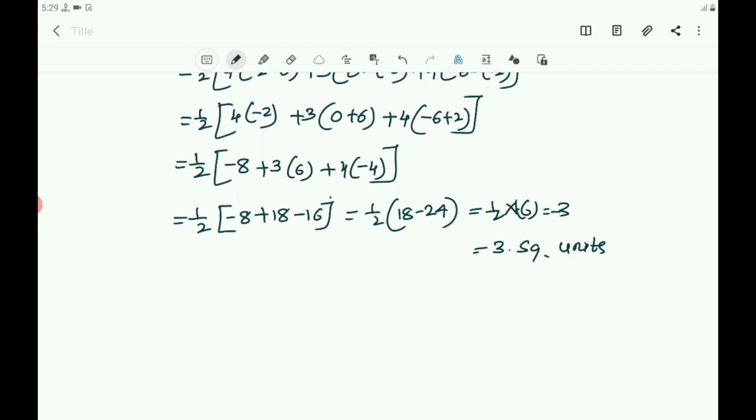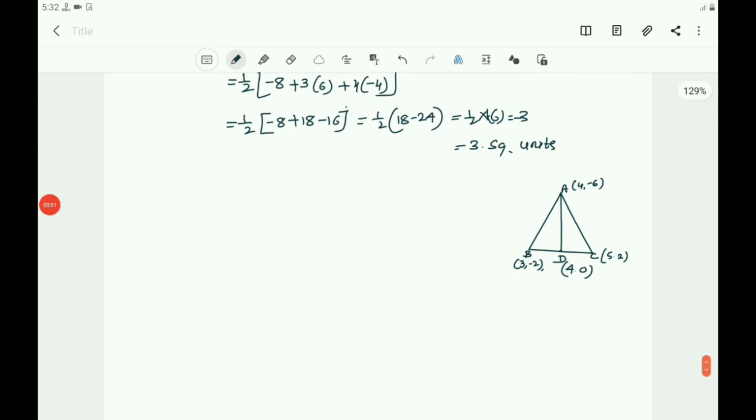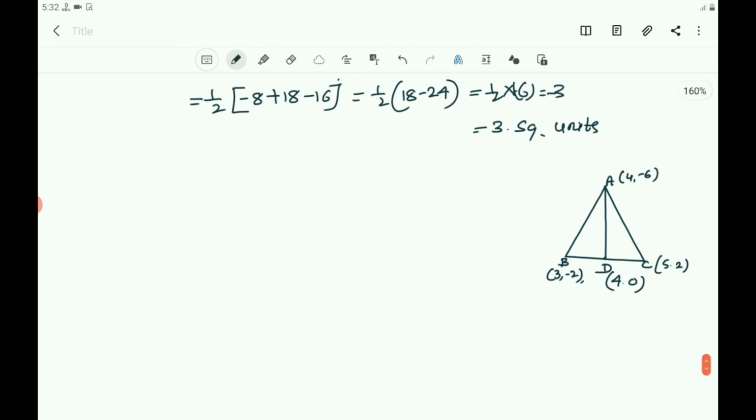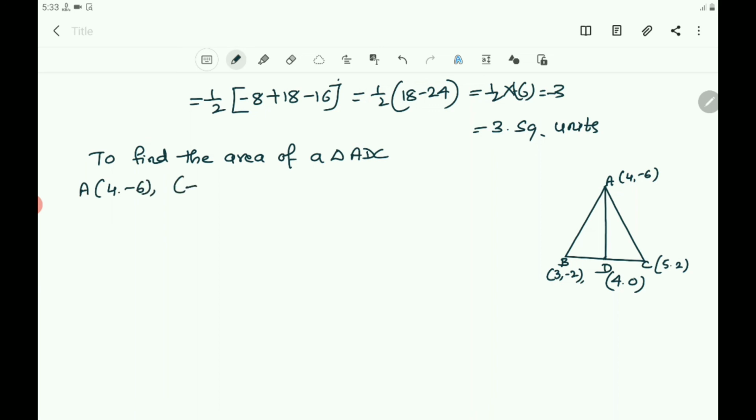Next, to find the area of the triangle ADC, the coordinates are: A is (4, -6), D is (4, 0), and C is (5, 2).